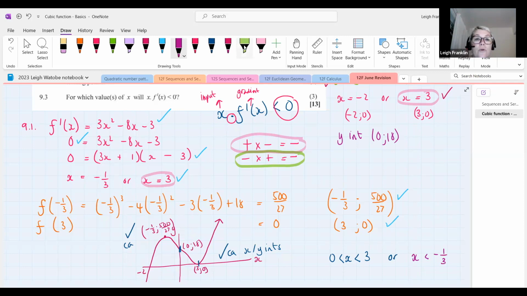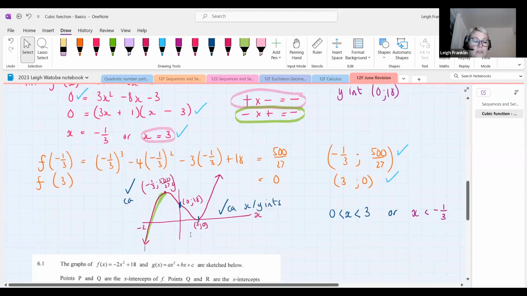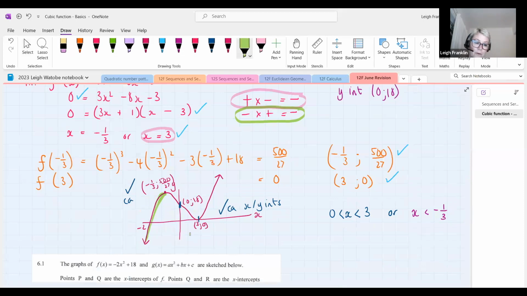In other words, this part of the graph over here is where your x's are negative, but you are walking uphill. The other part of the graph over there, your x's were positive, but you are walking downhill. So that would be the answer to 9.3.